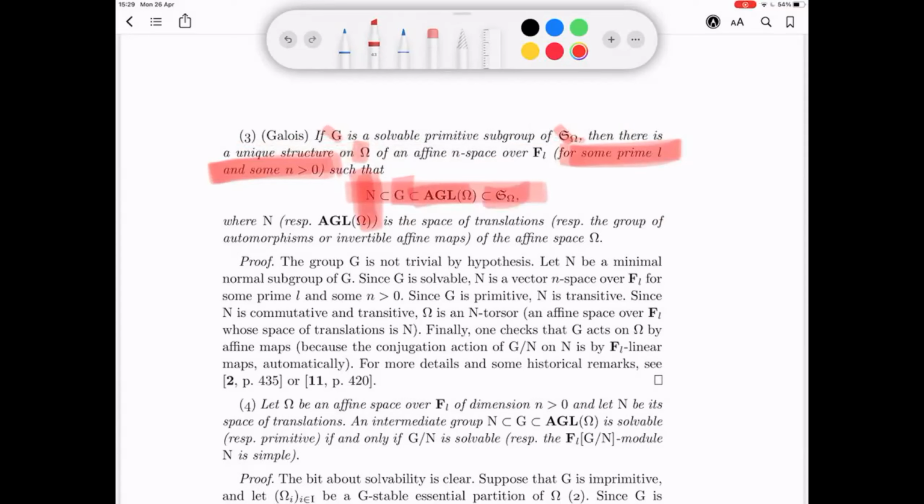S omega we already know, right? G is what we have, and S omega is also something which we have. G is a subgroup of S omega. And I'm saying that if G is solvable and primitive, then it contains N and is contained in AGL omega. So I have to tell you what N is, what AGL omega is, right?